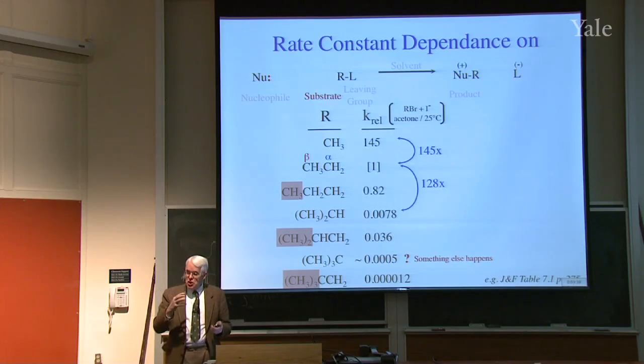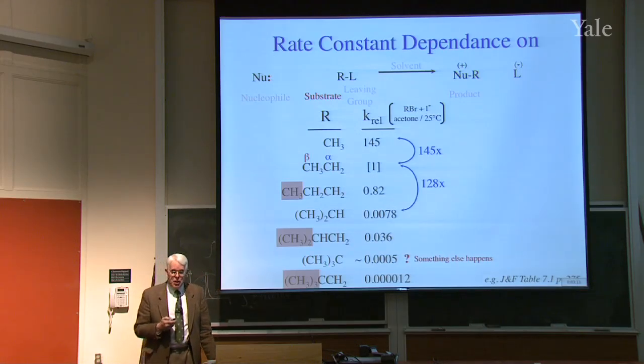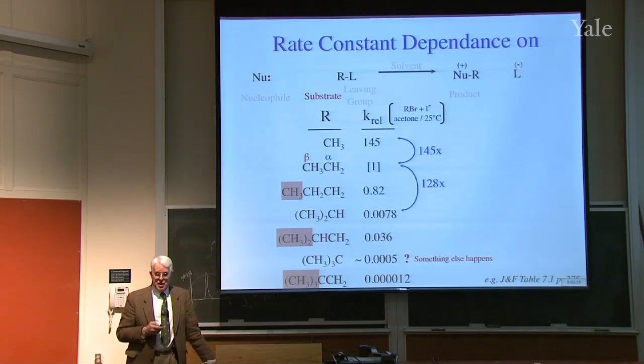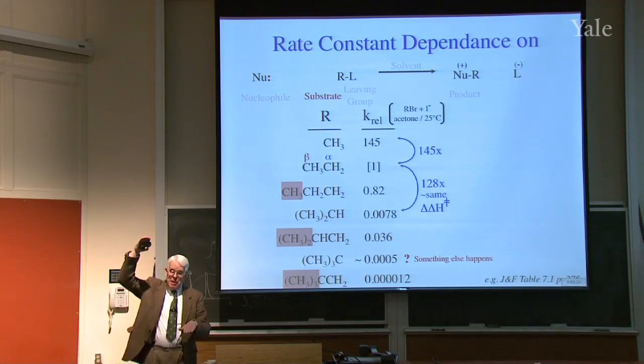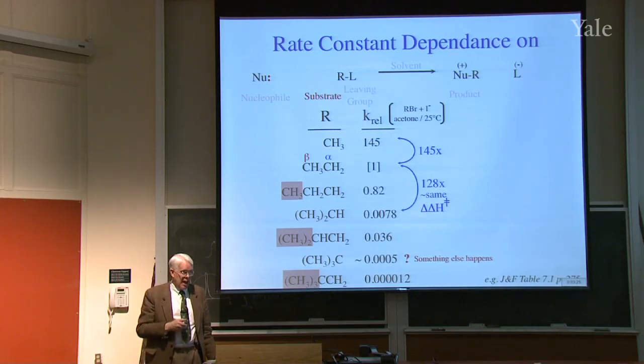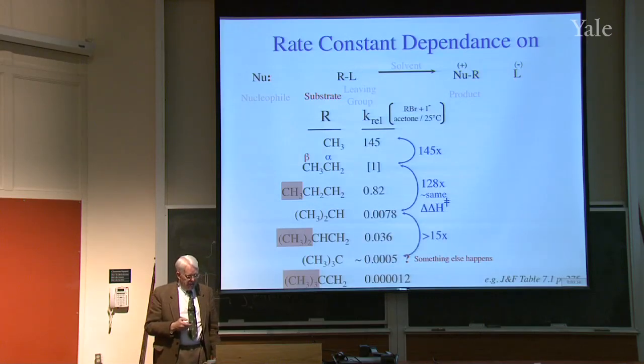So the influence of the first methyl group in slowing it down is about the same as the influence of the second methyl group. How about the third methyl group? Do you see what it does? Oh, so that means that it's raising the activation energy by about the same amount each time you do that. So you might think that the third one would do it by that amount. But in fact, all you know is that it's greater than 15 times. You can't really measure it, right, because something else happens.